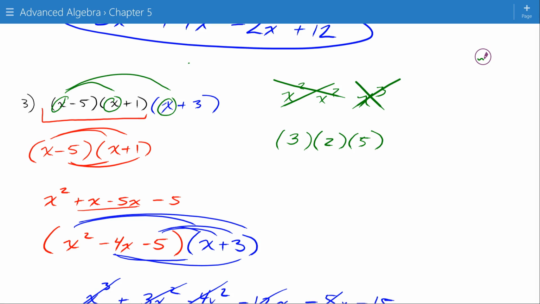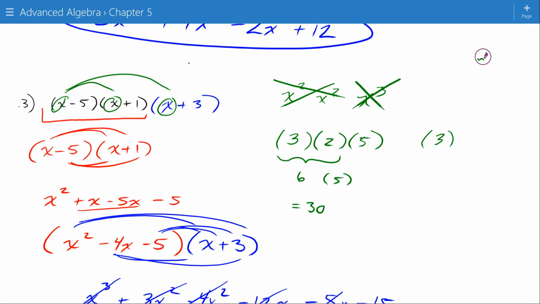So instead of x minus 5, x plus 1, and x plus 3, to illustrate what I mean by this, if I asked you guys to multiply 3 times 2 times 5, hopefully right now in your head, you can think, what is 3 times 2 times 5? And you come up with 30. Hopefully it was 30. And if I said, how did you get it? Well, you should hopefully have done 3 times 2, which is 6, and then 6 times 5, which is 30.